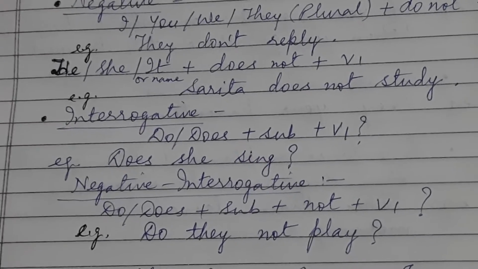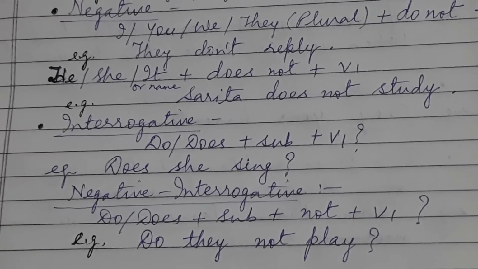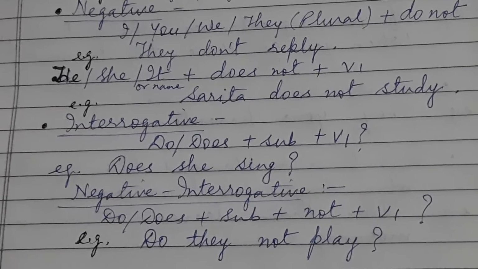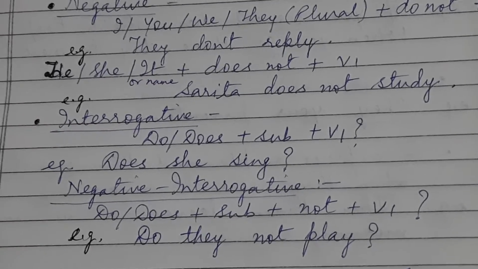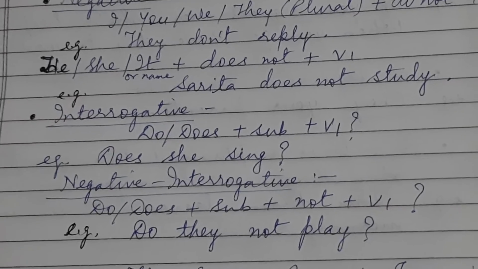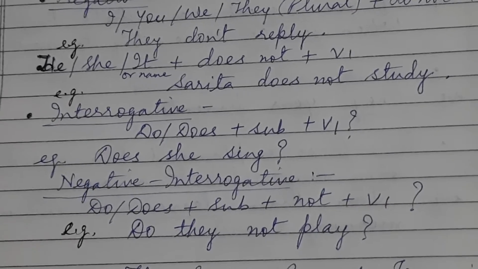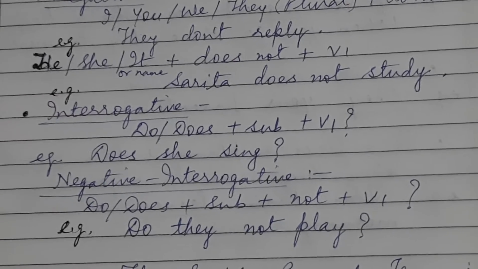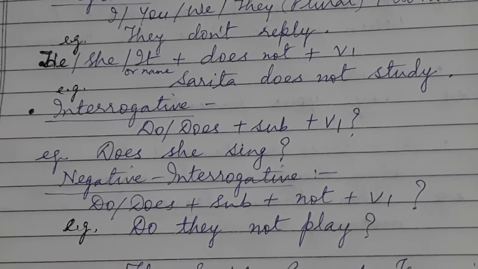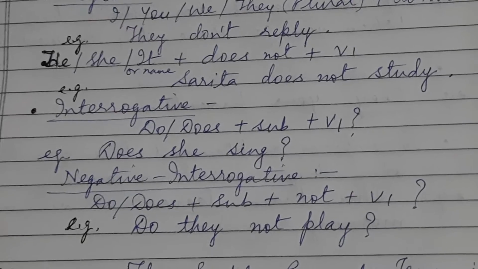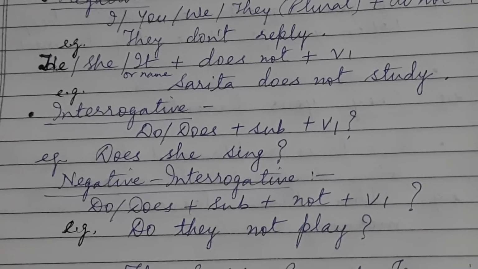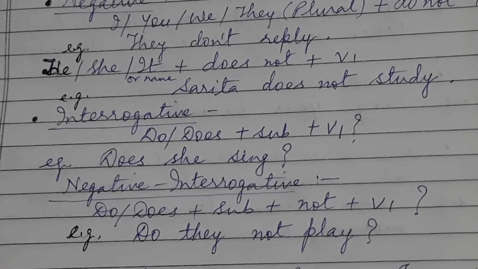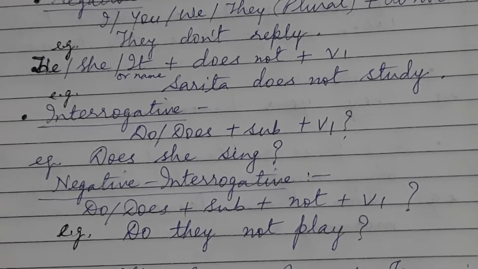Now, how to make an interrogative sentence? Just do or does comes first, before the subject, and then the verb's first form is used. Okay, like in this example, you can see does she sing or does he write?